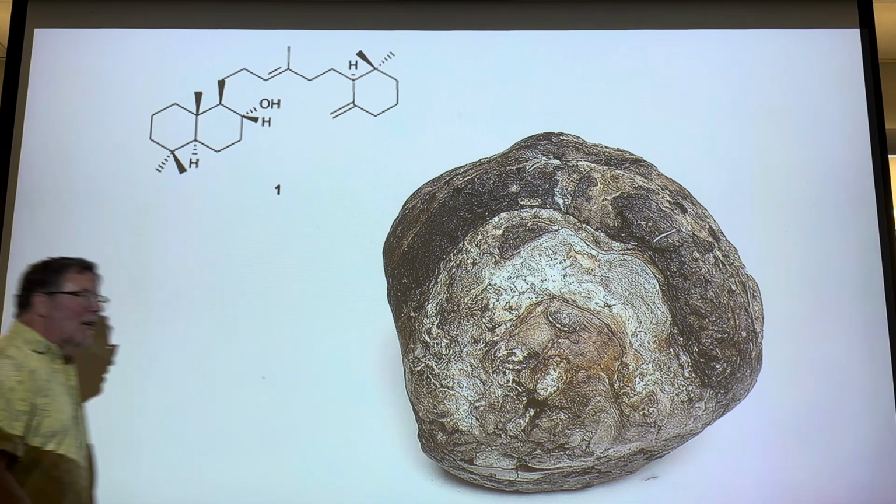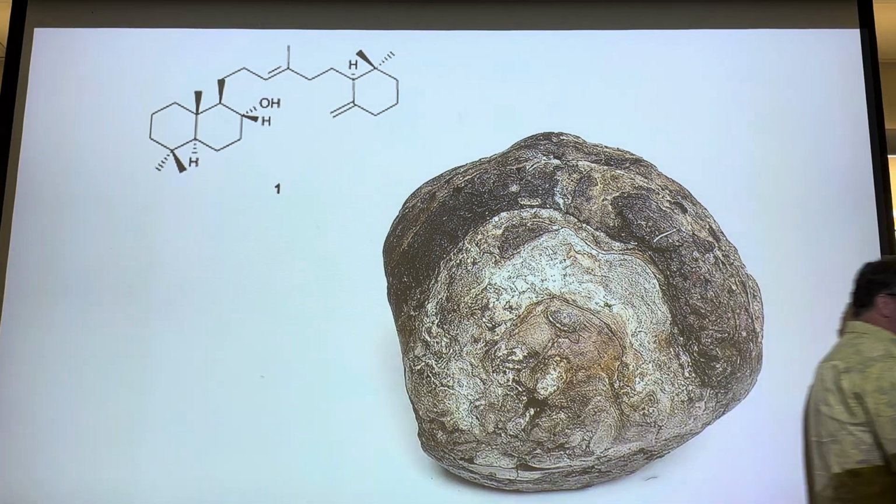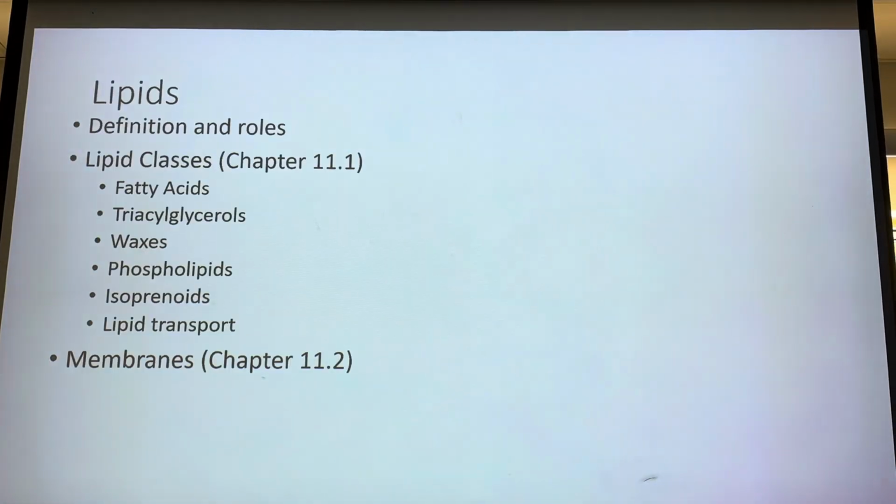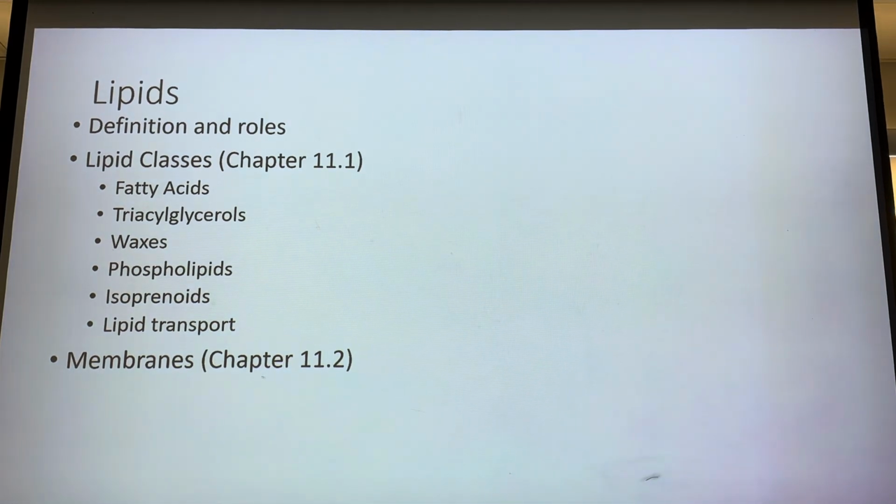Anyway, those are some examples of the diversity of the different functions of lipids. All right, so now we're going to move on and start talking about the different classes.